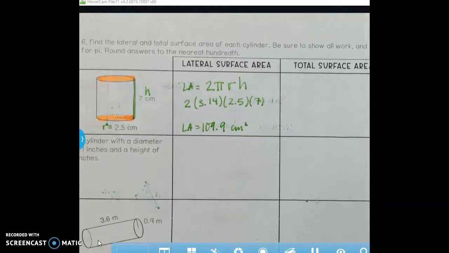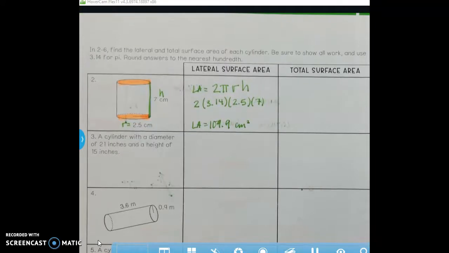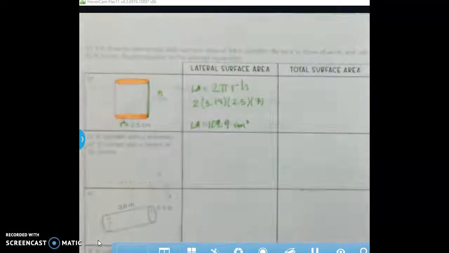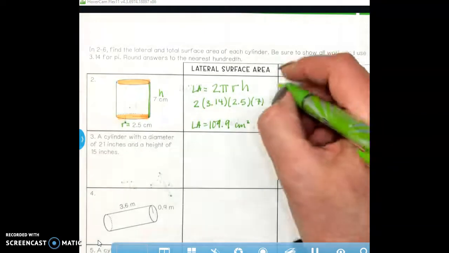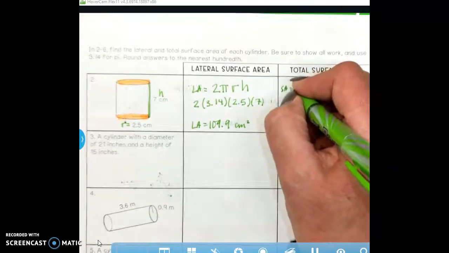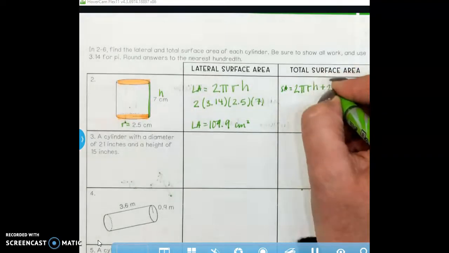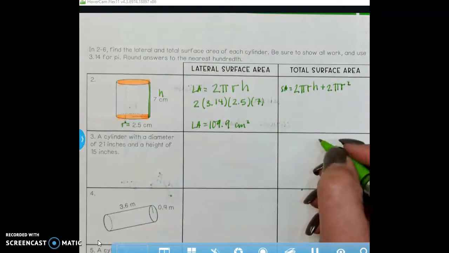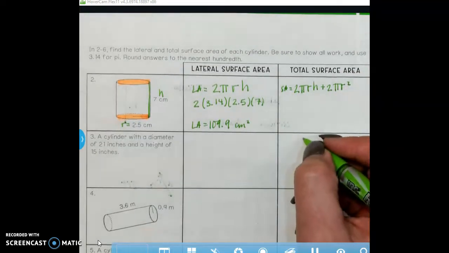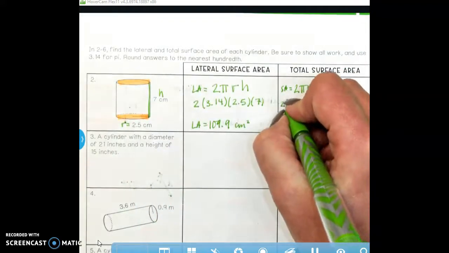In all of these examples, they're asking you to do both. In some situations, you might be asked just to find the total surface area. So you would write out your formula. And of course, before you do any calculation, before you check your work, plug in your values. Please do not shortcut.